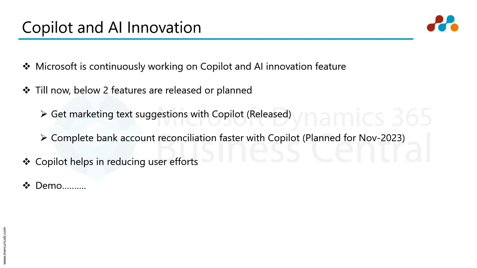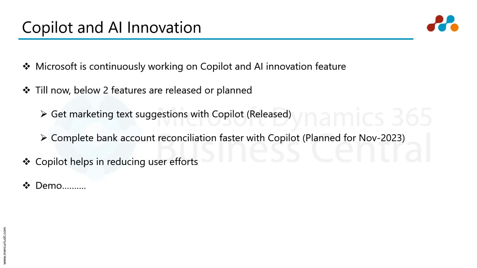And with this release, Microsoft has planned to release a Copilot feature for bank account reconciliation. This particular feature is not yet released, but it is planned for November 2023.